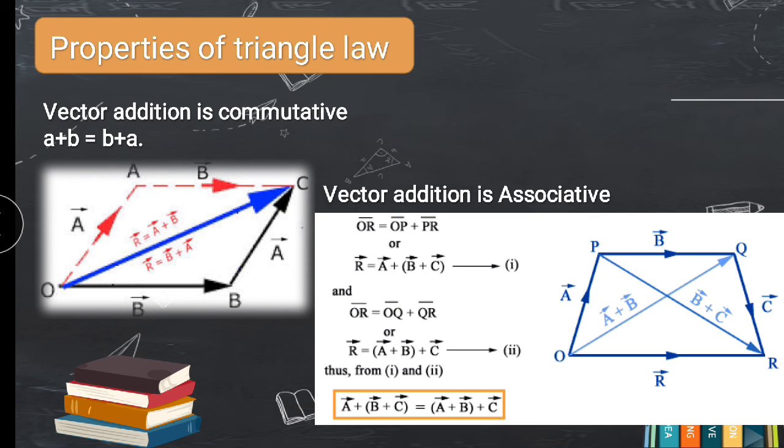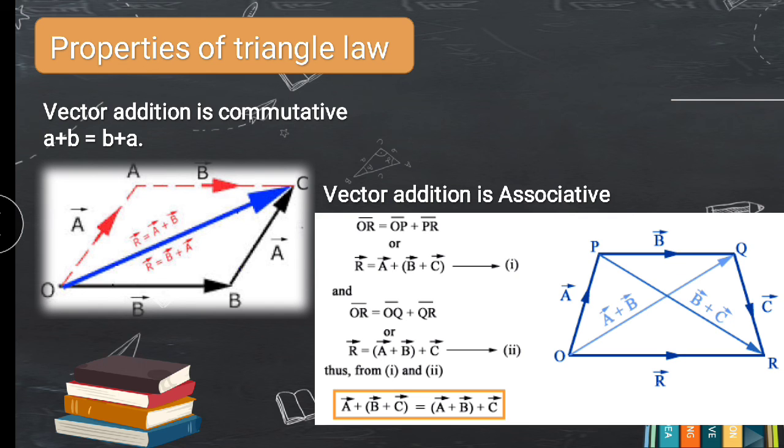We can simply write this as A plus B plus C. And similarly we can write the value of R with the help of B plus C. As this value already has B, we are not going to write B again. We are going to write simply A plus B plus C, which is A plus into bracket B plus C.